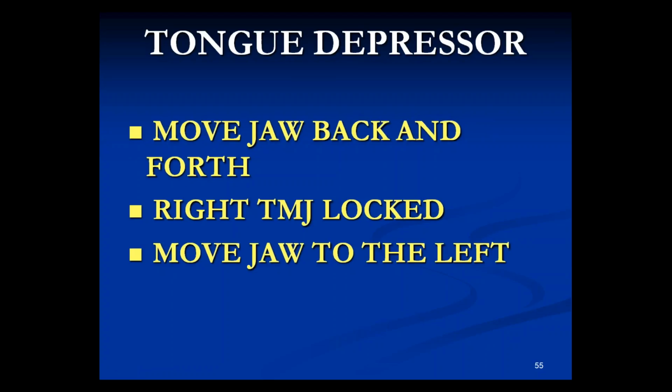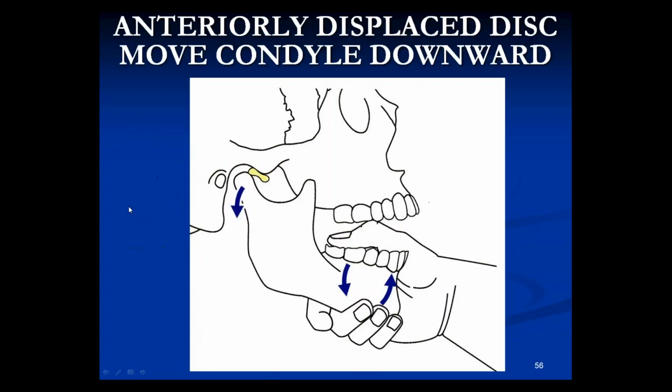If the right TMJ is locked, then you want to move the jaw as far as you can to the left. So just move it away from the side that's locked, and believe me, the patient will tell you which side hurts, and they'll tell you which side locks. Plus, you open to the side of the locked jaw. So have the patient open slowly, and they open to the side of the locked jaw.